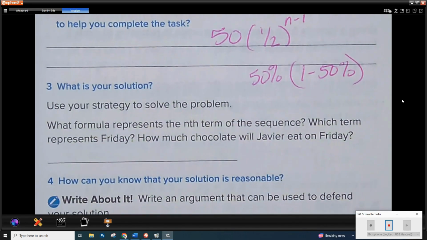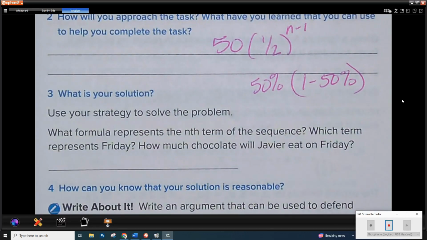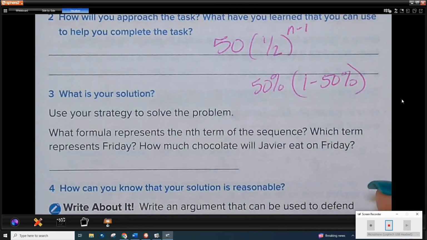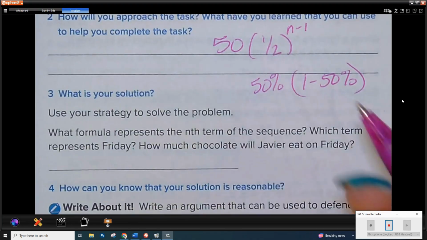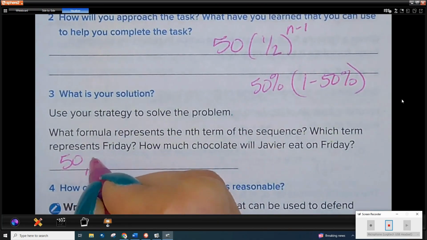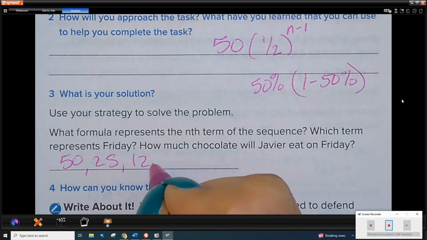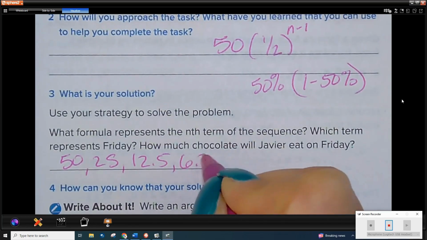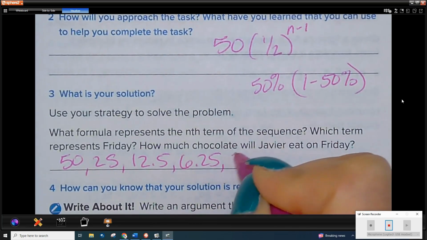How much chocolate will he have on Friday? So you could do two different things. We could count it down because it's just half. So we have Monday, Tuesday, Wednesday, Thursday, Friday.